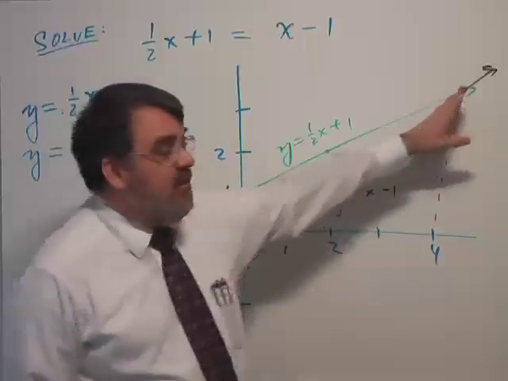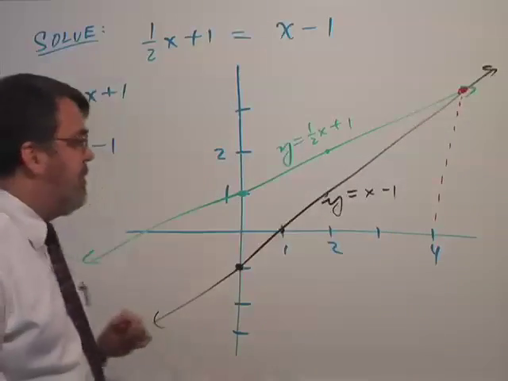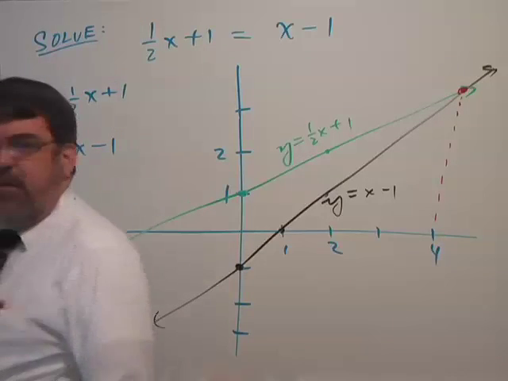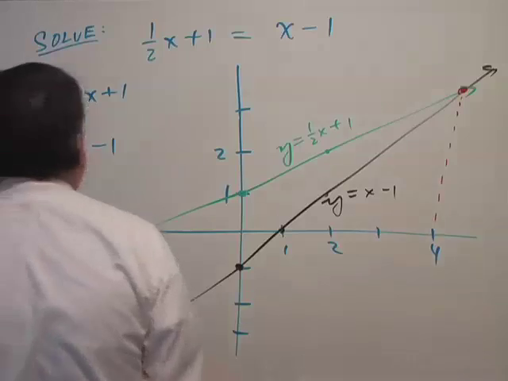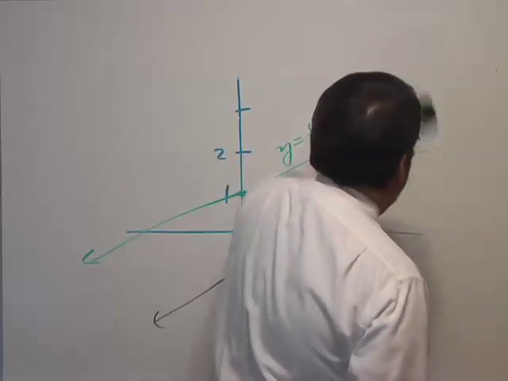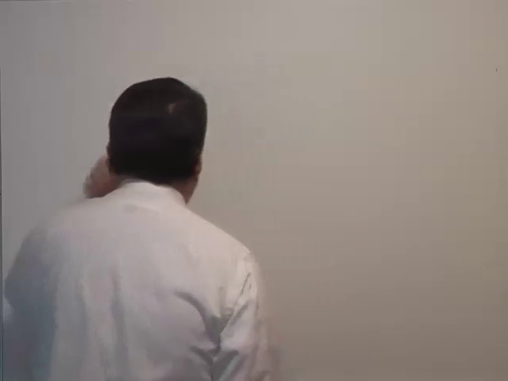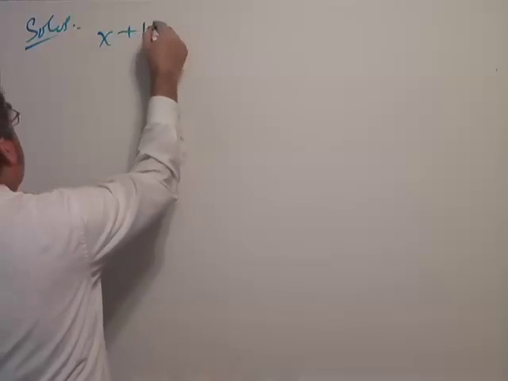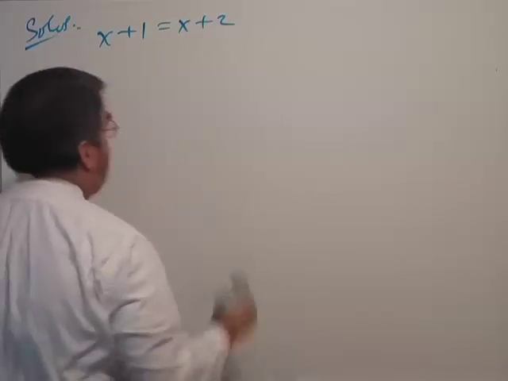There's a geometry to that which explains it. Now then, what about our problem with no answer to it? Let me show you just a simple one here that's going to be very easy to graph. Suppose you had to solve x plus 1 equal to x plus 2.